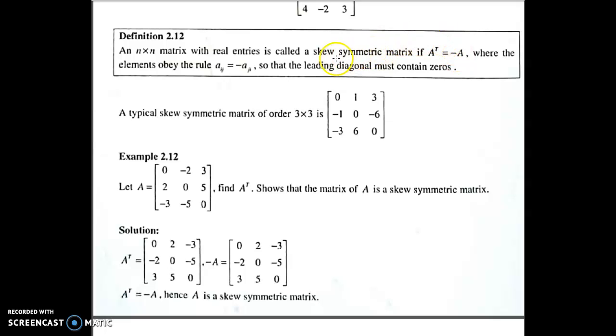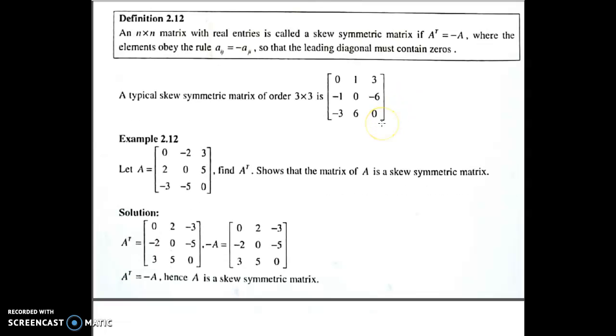As for skew symmetric, they will still give you the same arrangement of elements, but the difference is in the positive and negative of those elements. When you transpose it, the negative will now become positive, and the positive element will now become a negative element.